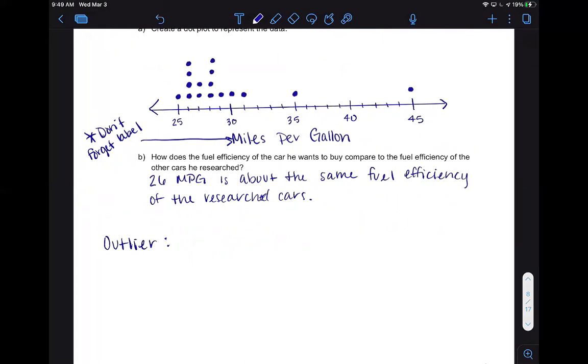So it's actually just going to be 45 because it's really far away. The definition of an outlier is a data value not near the rest of the data set. We're going to talk tomorrow about how an outlier affects data.